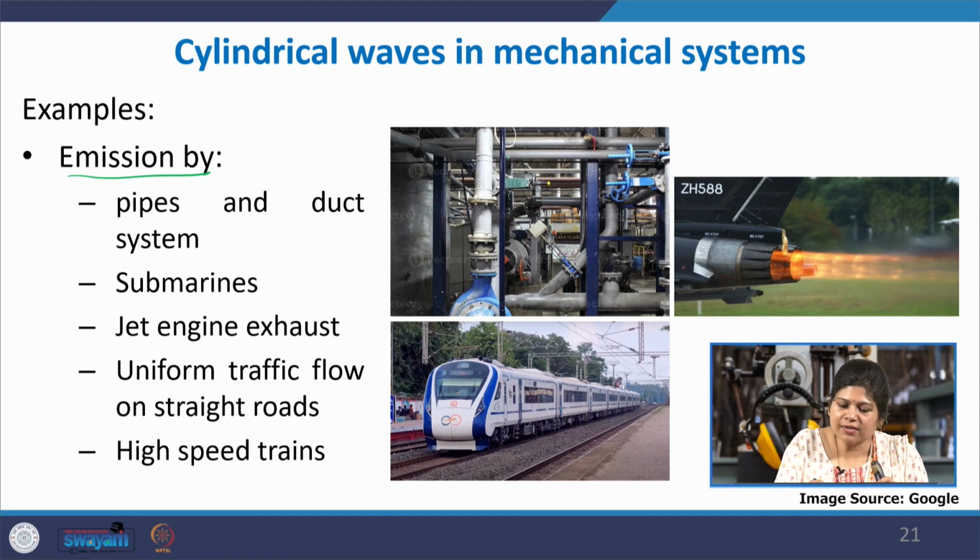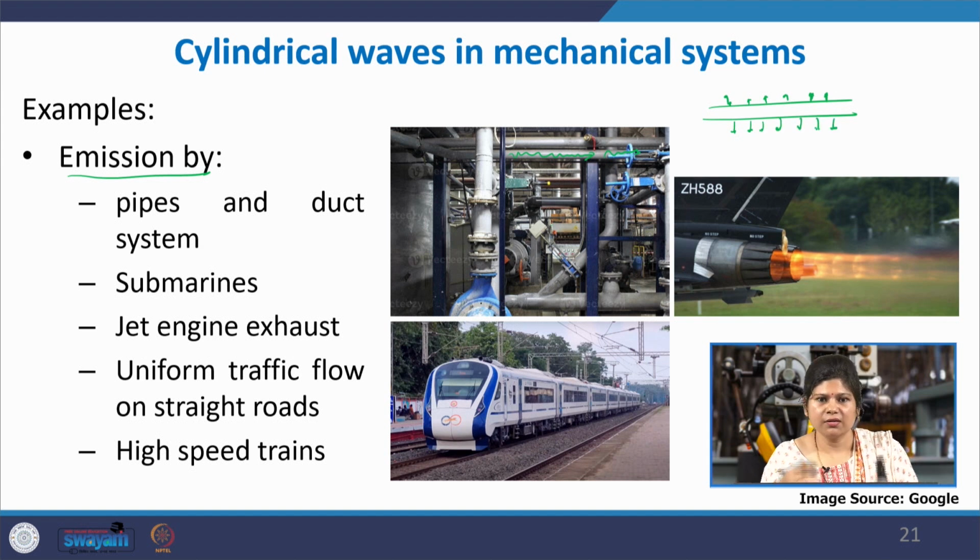Suppose some kind of fluid was flowing through this pipe, and because of the flow of the fluid inside these pipes and ducts, the surface of the pipe starts to vibrate. So, it is not the waves flowing inside it, but rather because of the flow inside, the surface of the pipe is vibrating back and forth, and it behaves like a line source which creates the cylindrical waves.